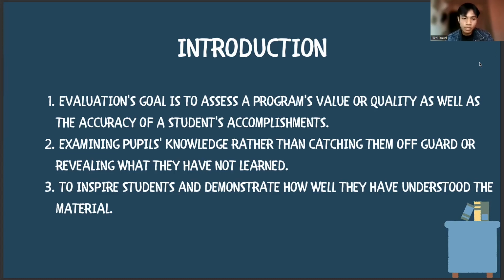So, moving on to the first point, which is that evaluation's goal is to assess a program's value or quality and the accuracy of a student's accomplishment. A program evaluation aims to determine its worth or quality by looking at a variety of factors, including its goals, design, implementation, and results.